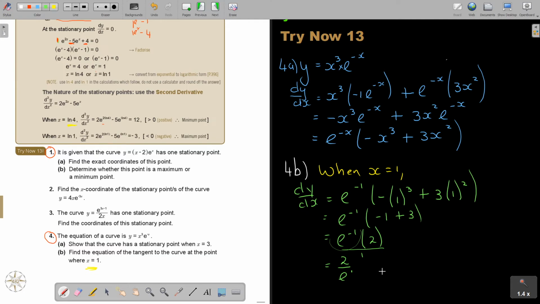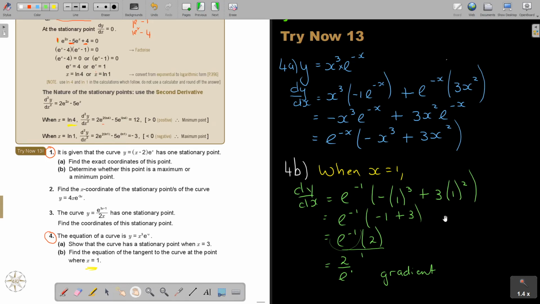So when x is 1, this is going to be my gradient. Don't forget, this is my gradient. But now, if I have that x is equal to 1, I need to find the y value.